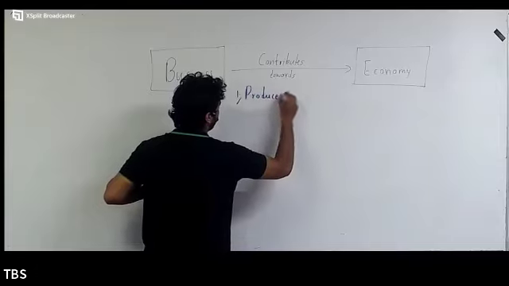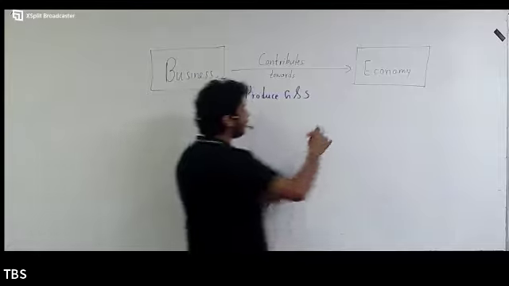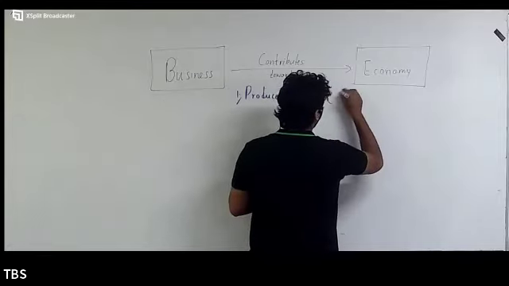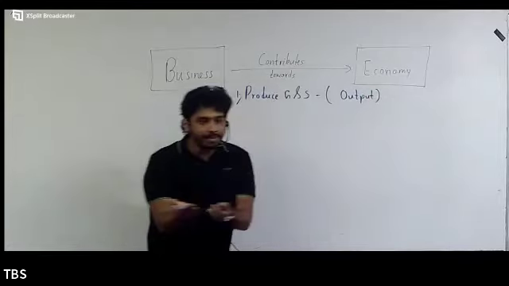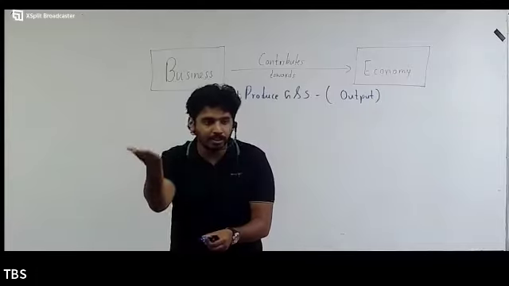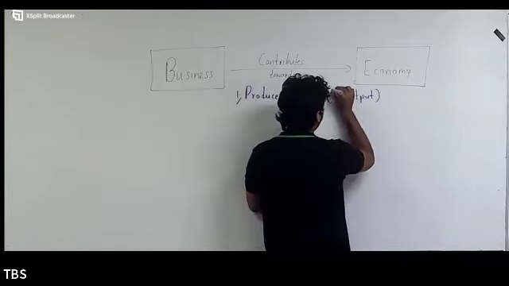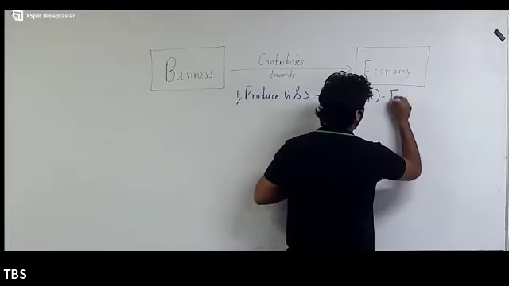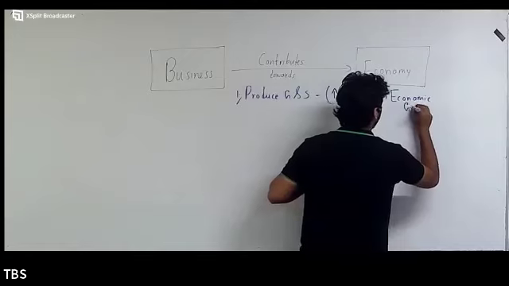produce goods and services. Yes or no? That contributes to output. Yes or no? Now, when every business is producing goods and services, what happens to the output? Output increases. Now, output increasing, you call it economic growth.